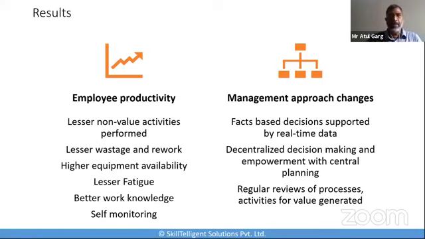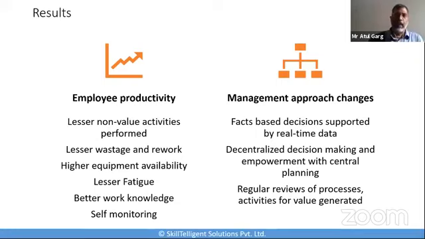The second thing which happened is that there was a change in the management approach. Now the management started talking about fact-based decisions supported by real-time data instead of unsubstantiated feedback. Earlier, the managers would come up and say that this is not happening, that is happening, this is not working, and they would take action based upon that. But now it became a fact-based decision because there was data available, because the systems had thrown up what value each process was adding, and they could take the right decision. They also implemented decentralized decision making and empowered the team.